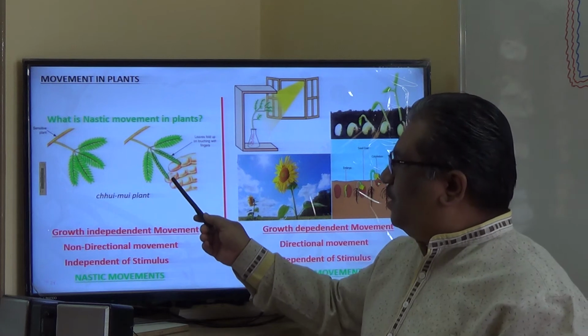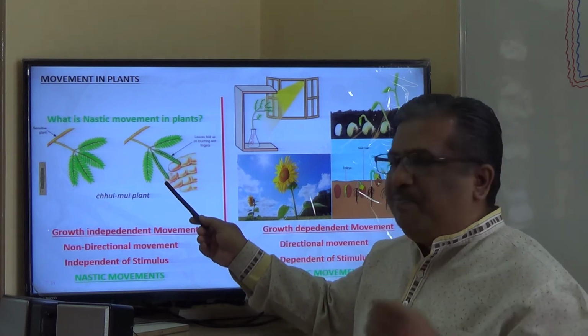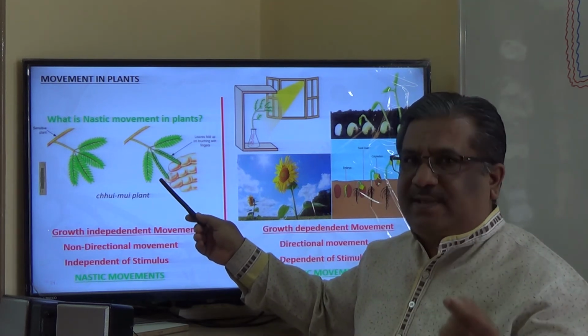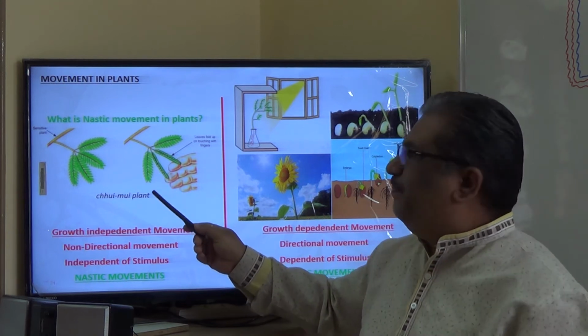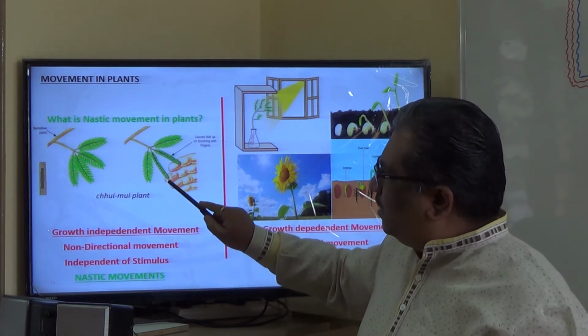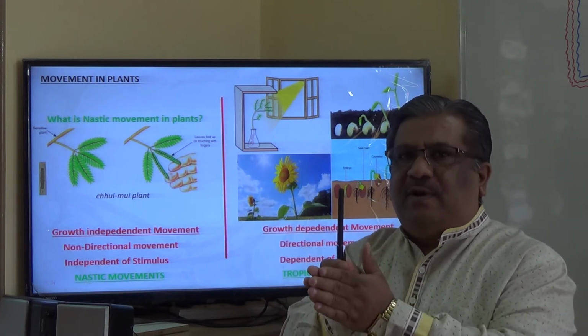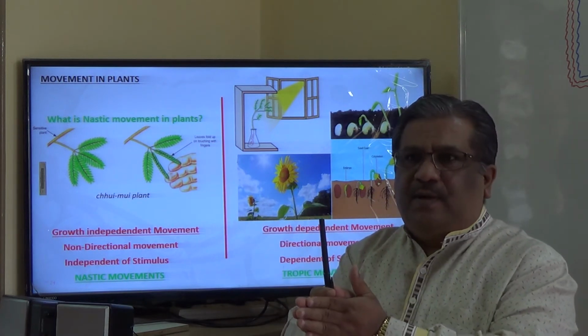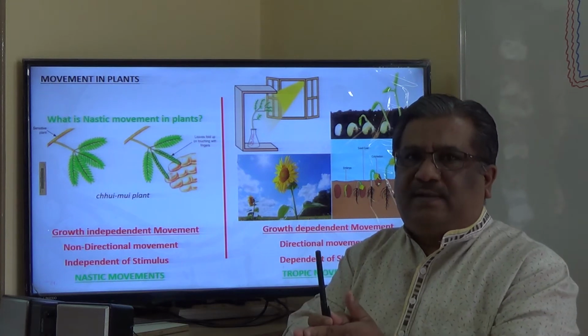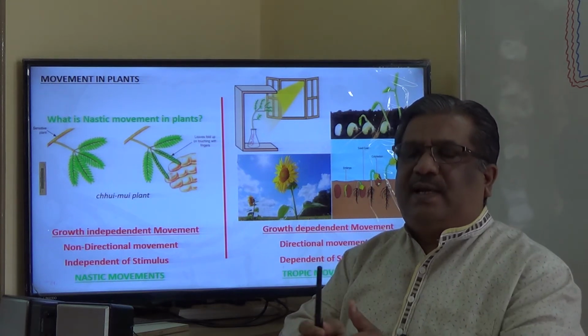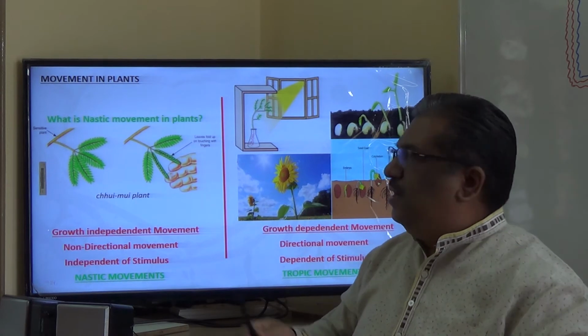The moment we touch these leaves at one point, these leaves will fold and droop. Slightly they hang downwards. Drooping is slightly hanging downwards.